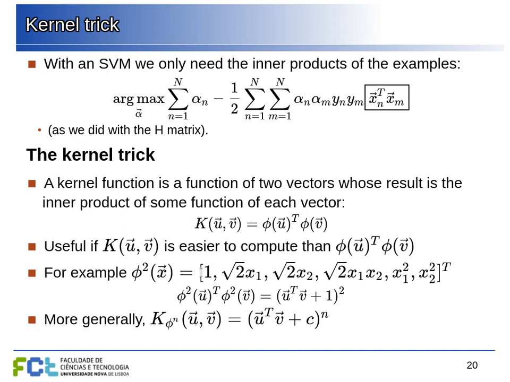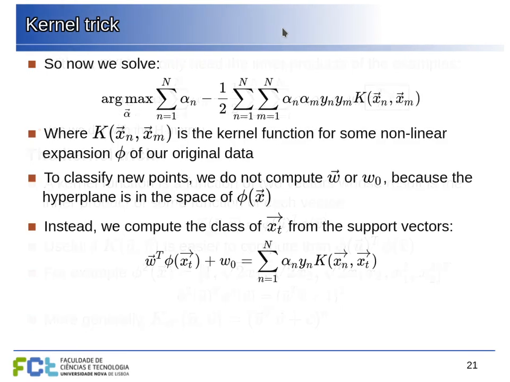So basically, if we have a kernel function that simplifies the computation of the inner product after the transformation, we can take advantage of that to use that transformation without more demanding computations, without more inefficiencies like that.